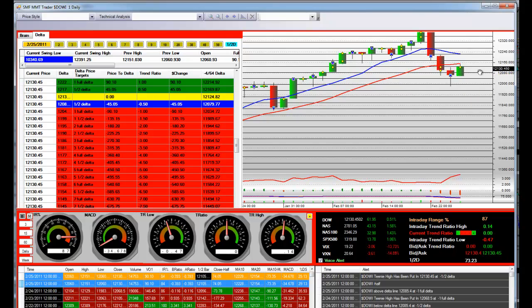The momentum of that ratio is going to be dependent on this half bar. And that half bar right here is 12,105. You've got a closing half bar above the previous bar substantially, 74.05.